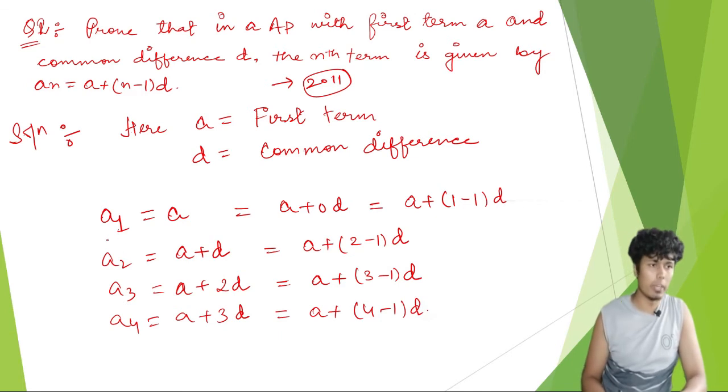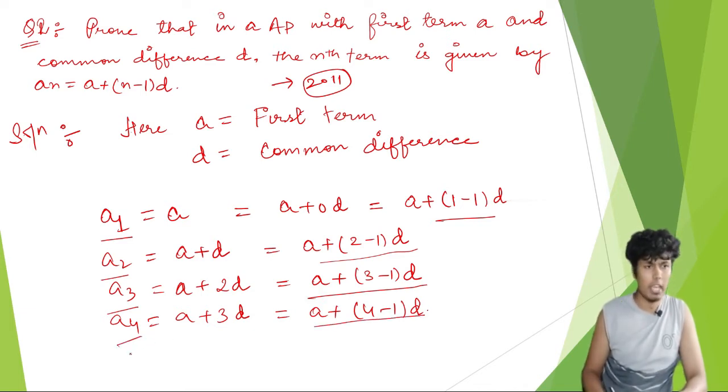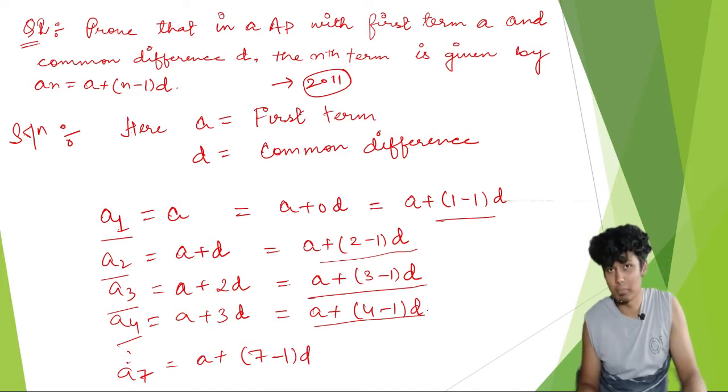We can write a1 is equal to a plus 1 minus 1 d. a2 is equal to a plus 2 minus 1 d. a3 is equal to a plus 3 minus 1 d. a4 is equal to a plus 4 minus 1 d. Keep going on. You write a7 is equal to a plus 7 minus 1 d. Simple.